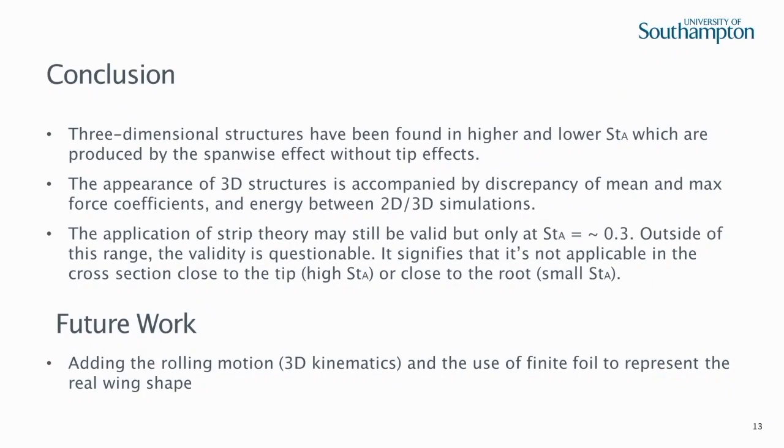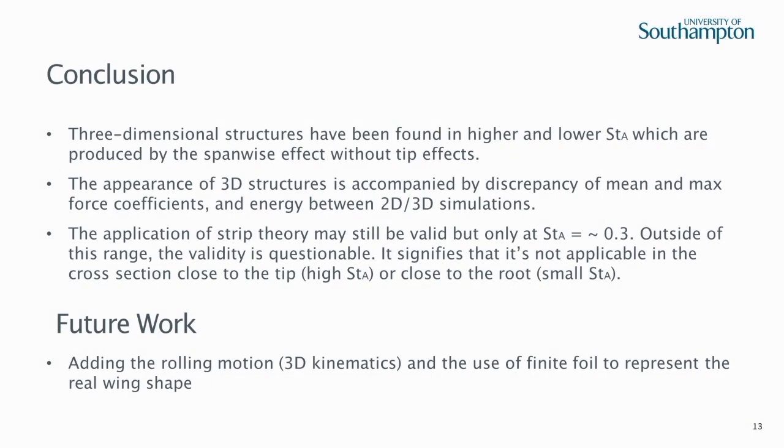So what I conclude is that we found 3D flow structures at the lower and the higher Strouhal number, which are produced by a span-wise effect. There's no tip effect at all. The 3D structure is accompanied by a discrepancy between mean and maximum force coefficient, and the energy is also different.